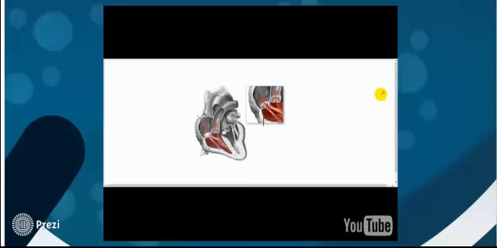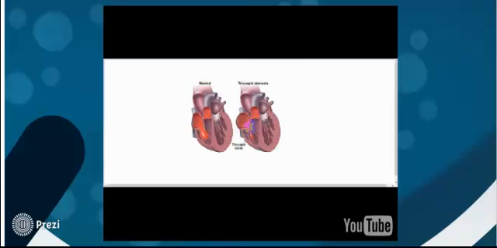What happens is that the valve is just stenotic. It's stiff, it's hard, it doesn't open and close as properly as it should. You see here, blood just flowing through very easily. Here the valve is stiff and stenotic, so the blood has to go through a narrow passageway.